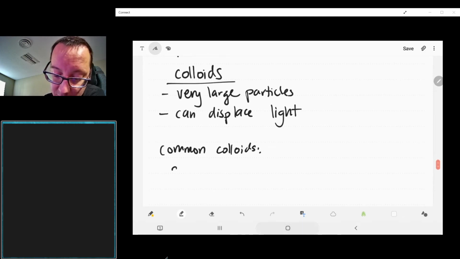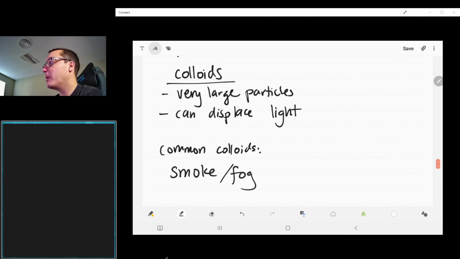One is smoke or fog. These are common colloids. You have particles of water, or particles of carbon in the case of smoke, that are suspended in air.